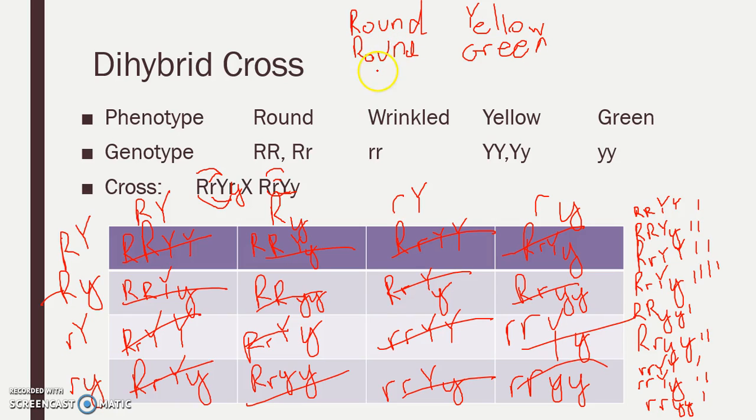And then my wrinkled, again, really apologize about my sloppy writing. And that is yellow. And it could also be green.